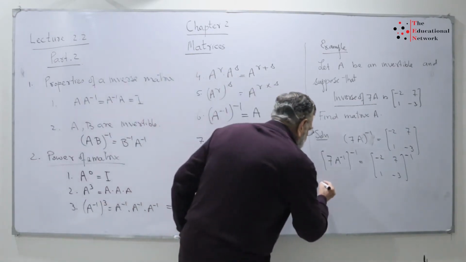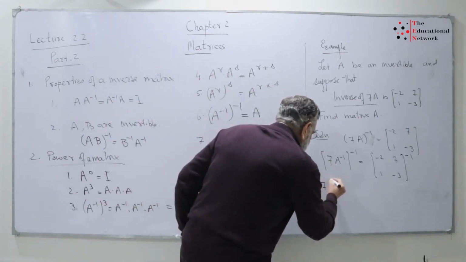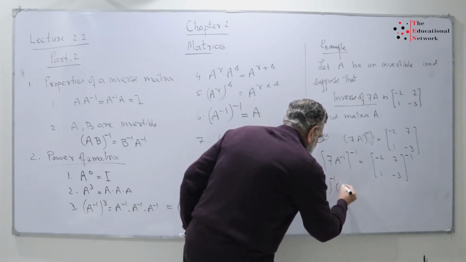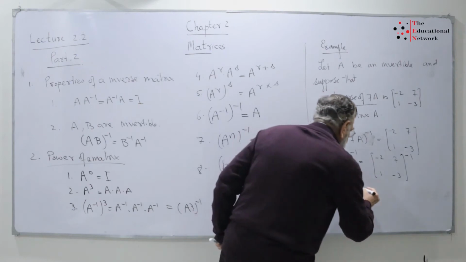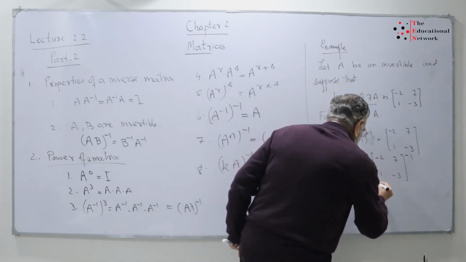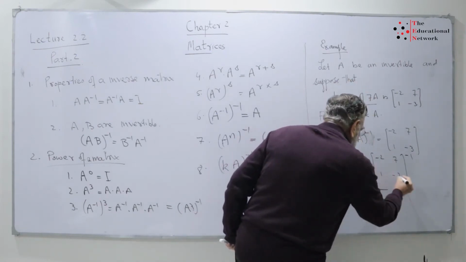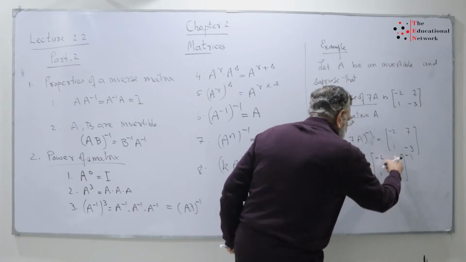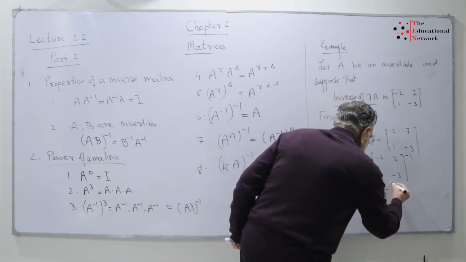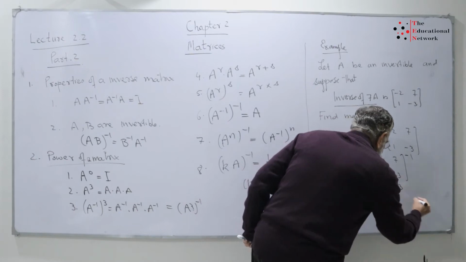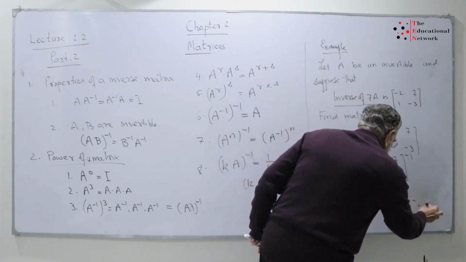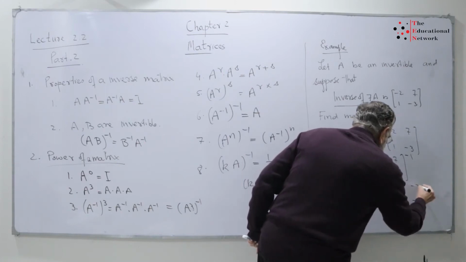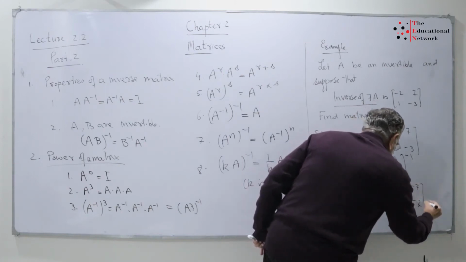We have 7 inverse into A inverse whole inverse on the left hand side. On the right hand side, we take the inverse: we get 1 over minus 2 multiplied by minus 3 is 6, and 1 multiplied by 7 is minus 7. Interchange the diagonal entries, we get minus 3 and minus 2, and multiply the other entries by minus 1, we get minus 7 and minus 1.